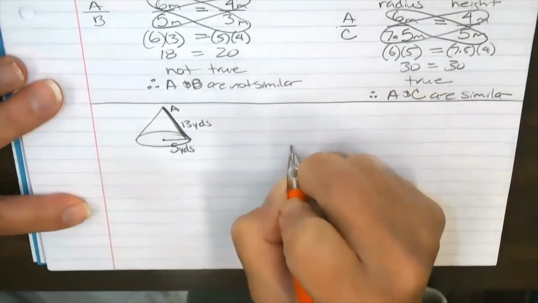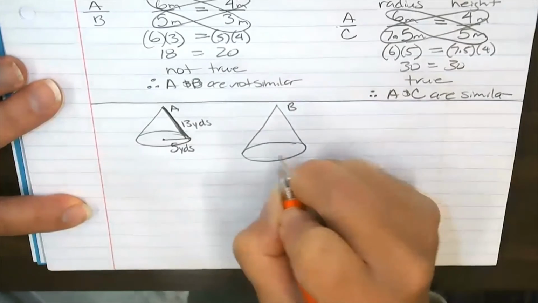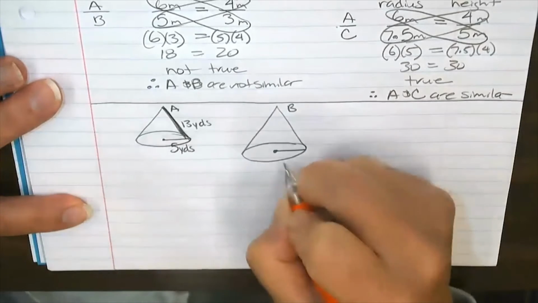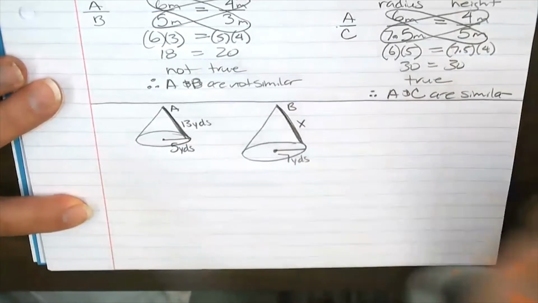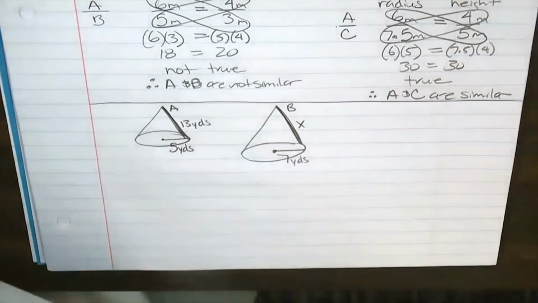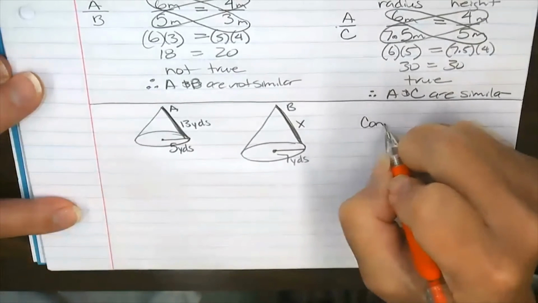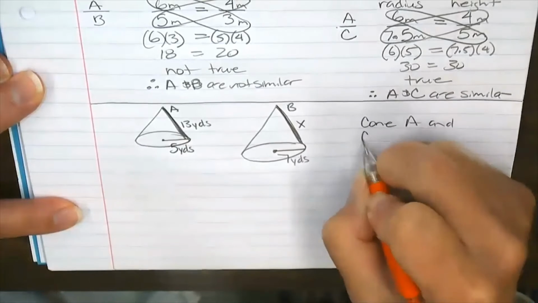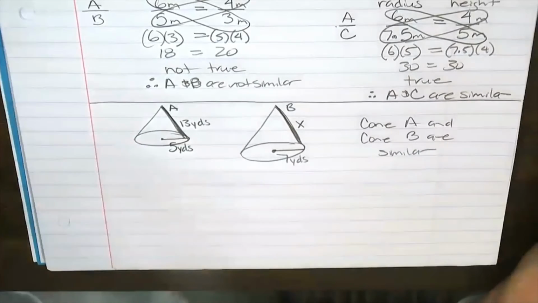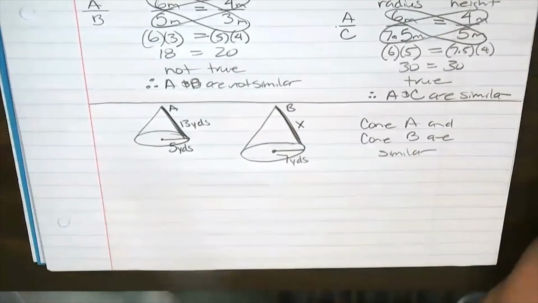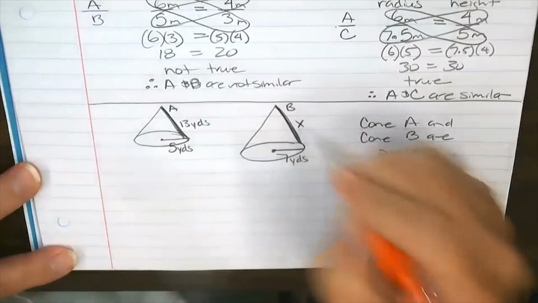Then they give us cone B. Cone B has a radius of 7 yards and a slant height of X. And they're telling us that cone A and cone B are similar. Great. So we can use this idea of equivalent fractions to find a missing measurement.